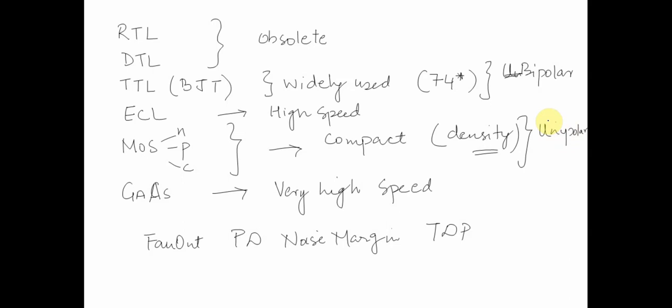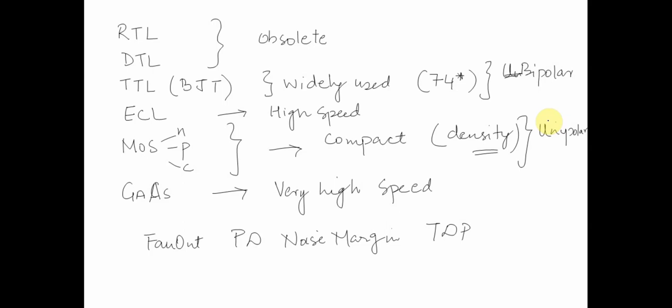BJT, bipolar junction transistor, is called bipolar because the current in a BJT flows due to both electron and hole carriers. So we have electrons and hole carriers which result in the flow of current, right? Whereas in the field effect transistor, like MOSFETs, the current flows due to either electron carriers for n-type FET or hole carriers for p-type FET, right? That's why they are called unipolar transistors.